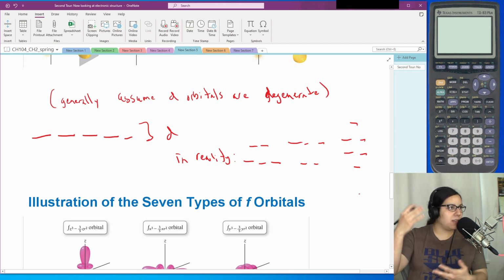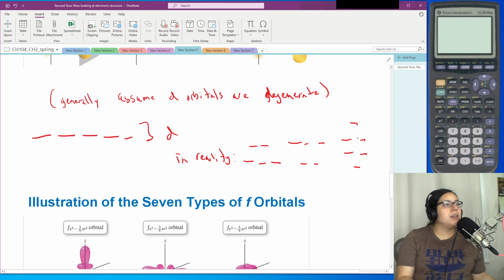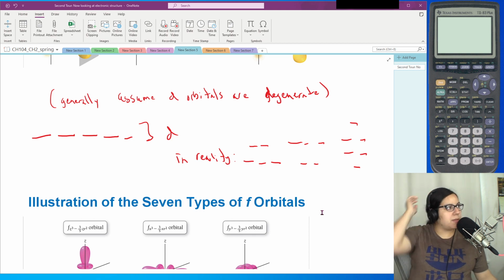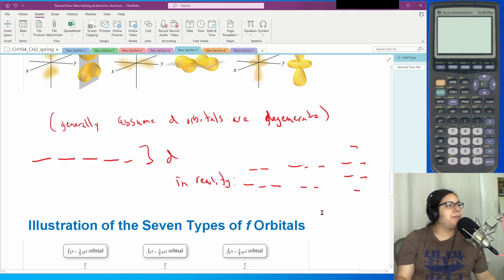And so this is why you get these funky orderings. Sometimes they could drop below the s orbital. That's why you get weird exceptions. But again, I don't expect you to know the exceptions. Just appreciate them when you run into them and understand where the discrepancy occurs from.